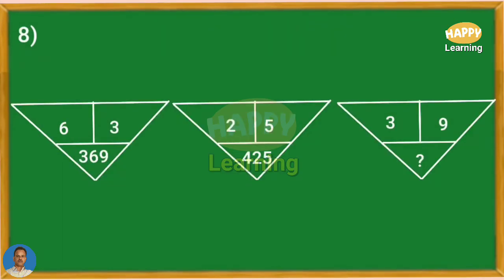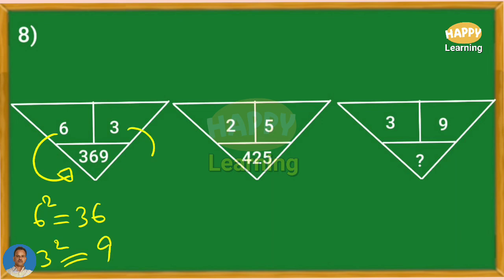Here again 3 diagrams are there. Here one unknown value is there. We want that value. Here once again 6 square equal to 36 and 3 square equal to 9. 6 square equal to 36, this first value, and this 9 is related to this 3.